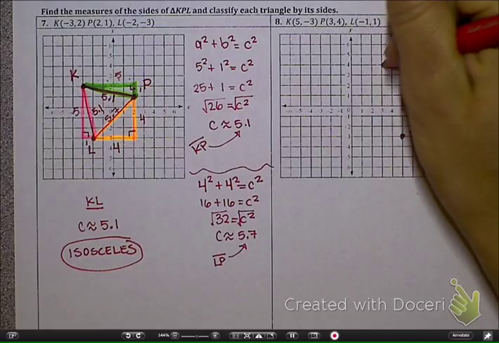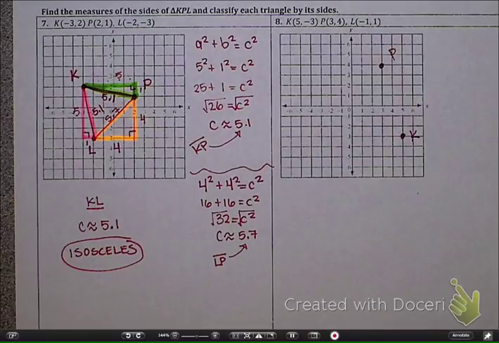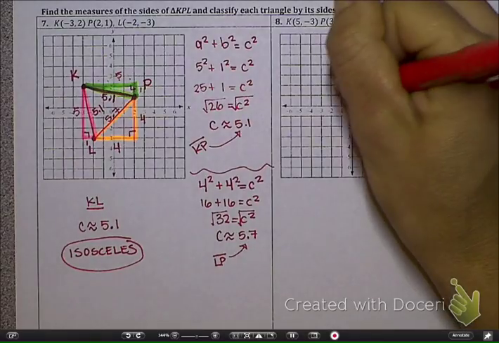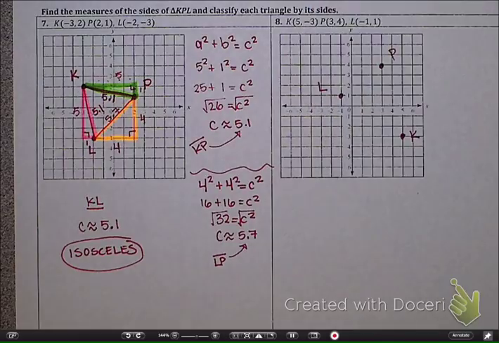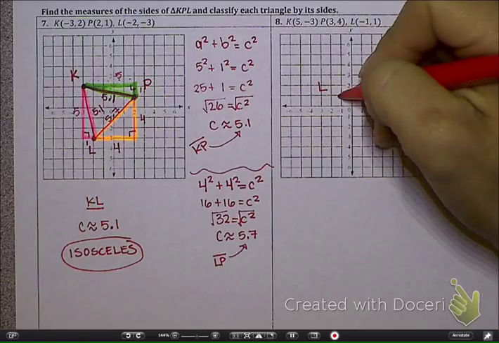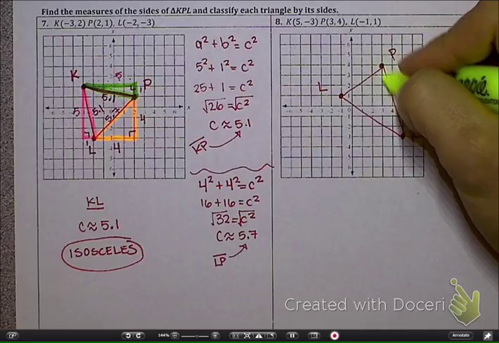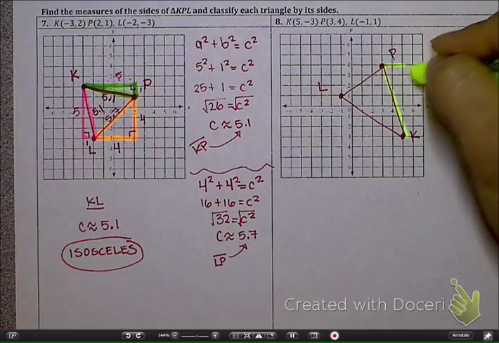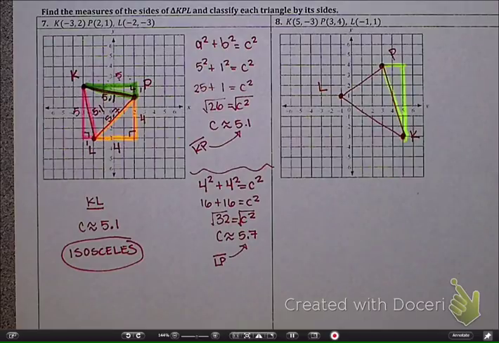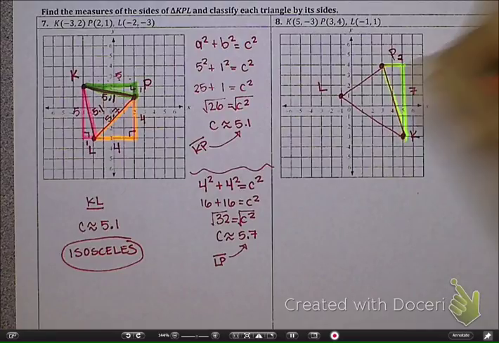Remember, when you graph, you always go over first, and then you go up or down second. Okay, so for me, I'm going to find side PK first.